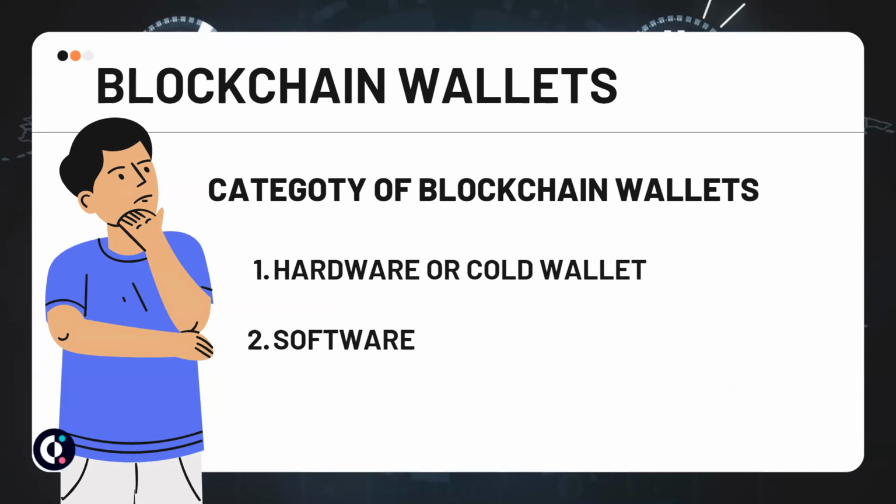Right. Categories of blockchain wallets. We basically have two categories, which are the hardware and the software. Since we're talking about decentralized technology, I will liken this to normal computer systems. In our basic classes, they taught us that a computer system has a hardware system and a software system.